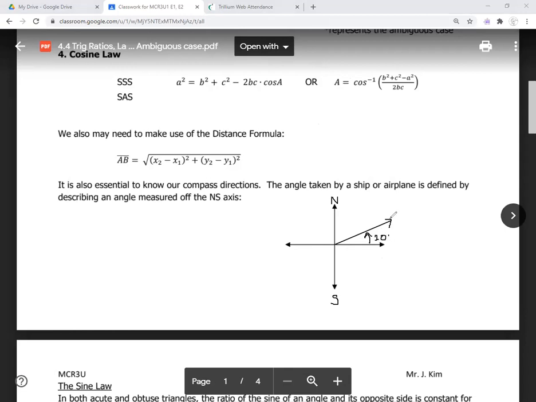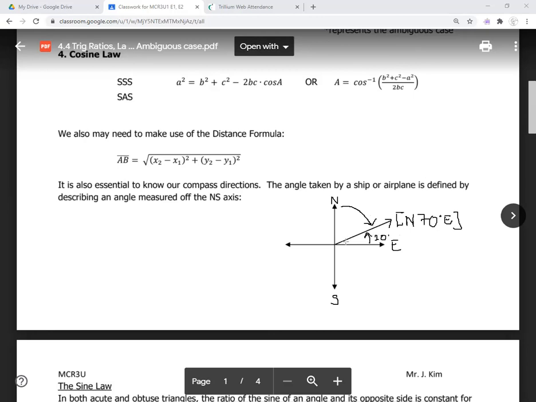So that arrow up here, is it closer towards the north or closer towards the south? I'm hoping you say that it's closer to the north. How far from north is it? In what direction? 70 degrees in the eastern direction. So from north, I turned 70 degrees east. That's how we communicate compass directions.